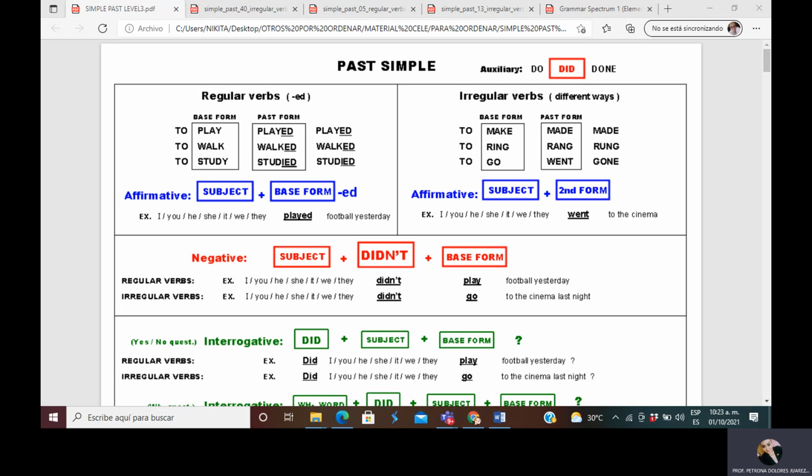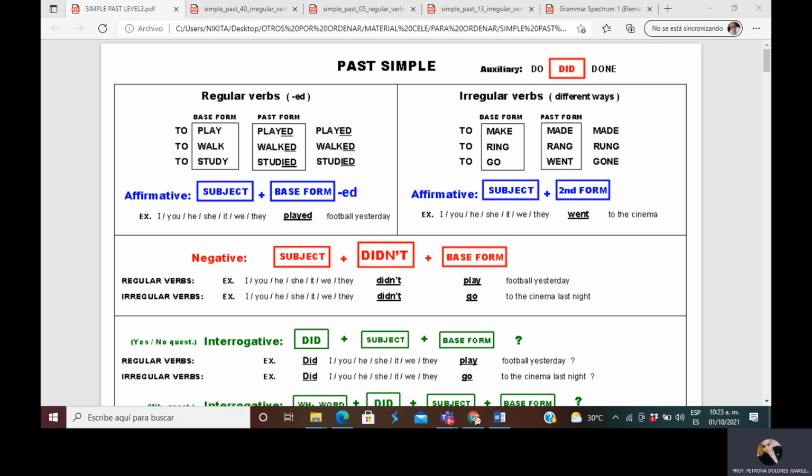There is a difference between regular and irregular verbs. The regular verbs usually have at the end D, ED, or IED, depending on the context. For example, when I'm talking about work, in past it is worked. When I'm talking about study, in past it is studied.